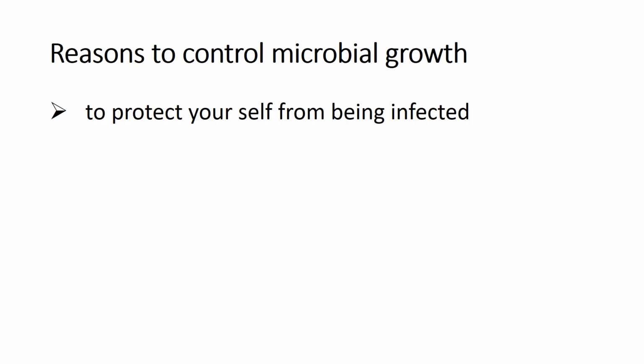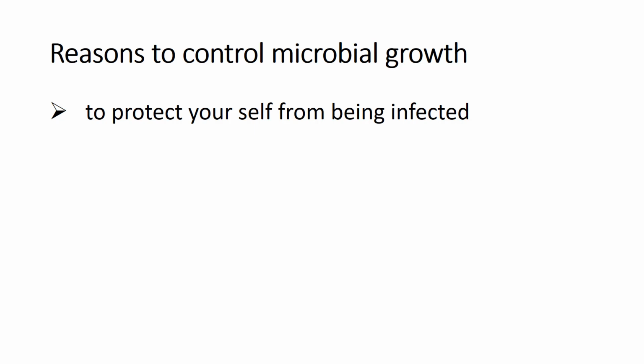In order to have clean instruments or clean fomites, we need to prevent or reduce microbial growth. We want to bring that amount of growth down, if not to 100% zero, to at least down to 10% or something around there.